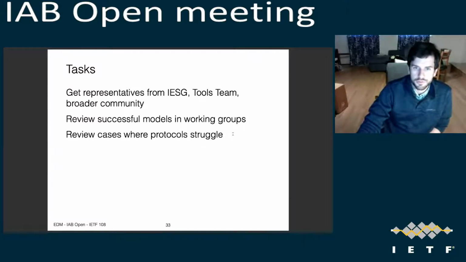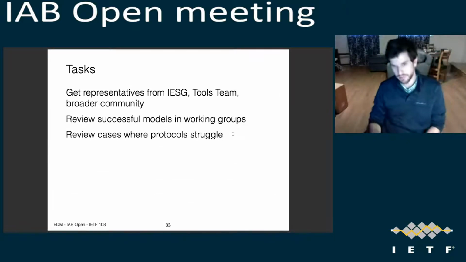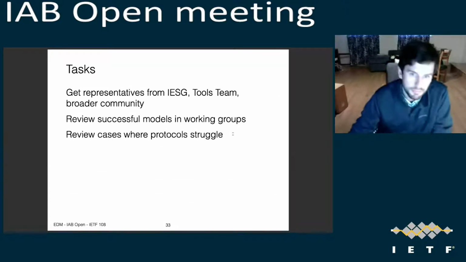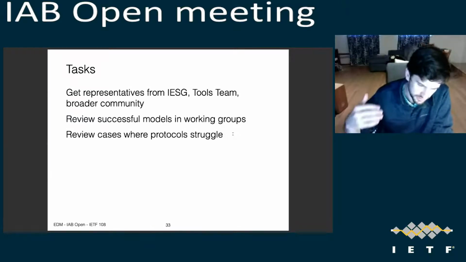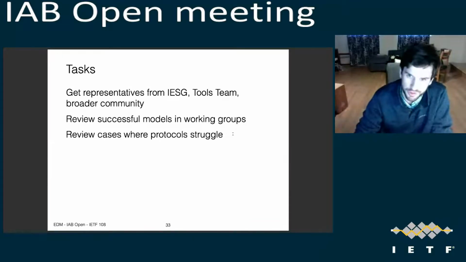We also want to, as a group, review the successful models we see in working groups for making sure that things are deployable and also extensible, and also look at the cases where we've seen struggles in defining a protocol and then, after we've shipped it, realizing that it has some of these issues. Next slide, please.